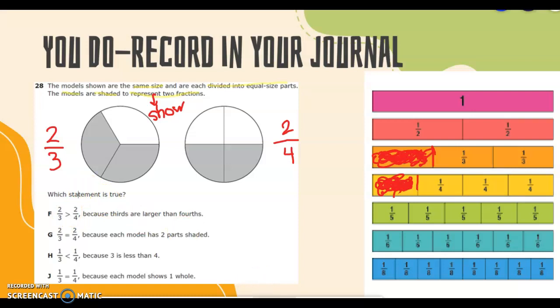So now I'm looking for the statement that is true. And again, I can go ahead and write that 2/3 is greater than 2/4 because thirds are greater than fourths. And I can also write that 2/4 is less than 2/3 because, again, fourths have smaller parts than thirds.